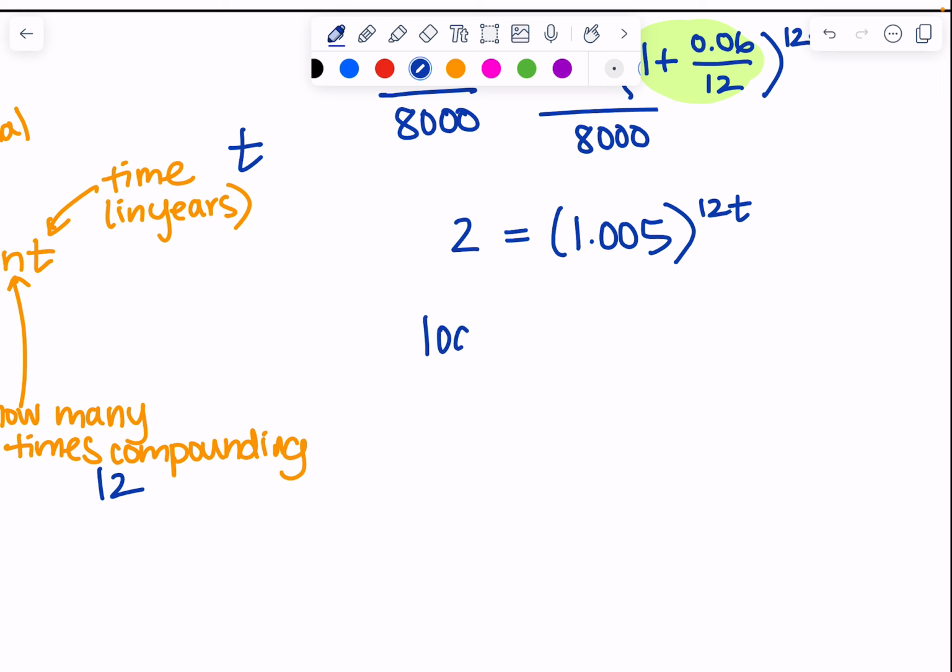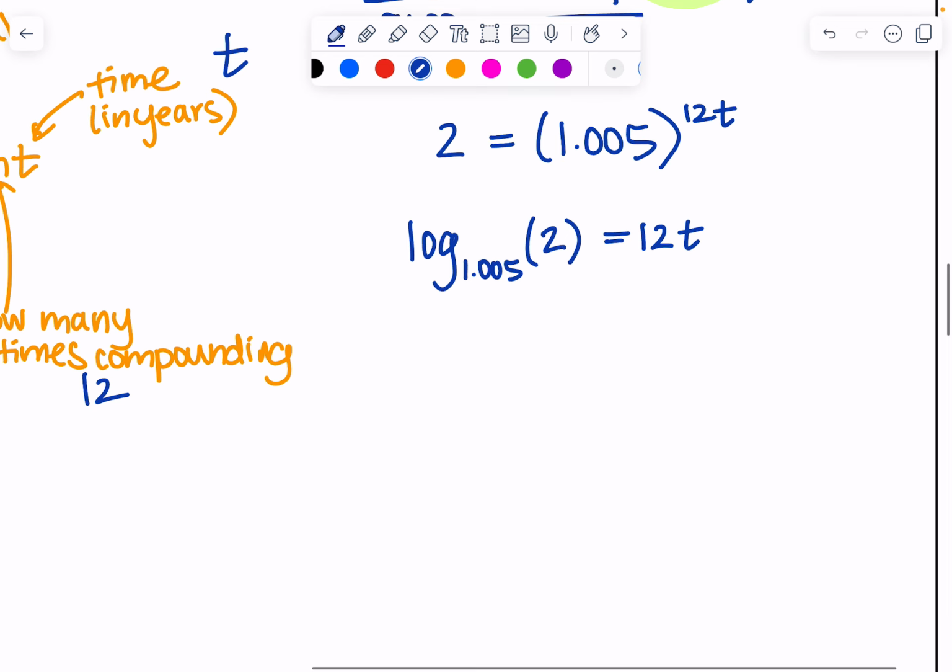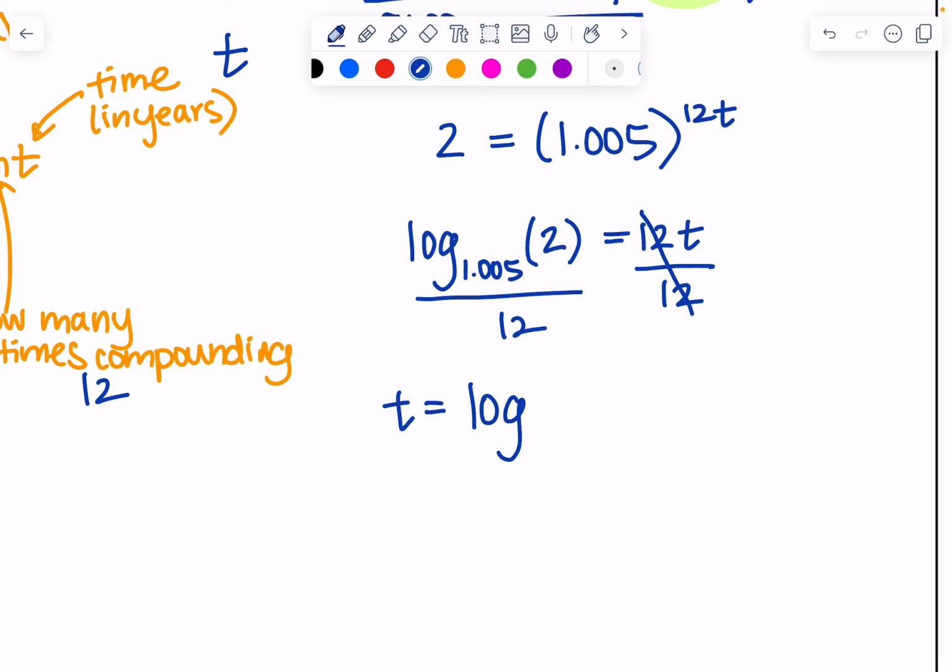So this is going to be log base 1.005 of 2 is equal to 12t. I could type this in the calculator now, but I'm going to divide by 12 first. And I get t is equal to log base 1.005 of 2 over 12.